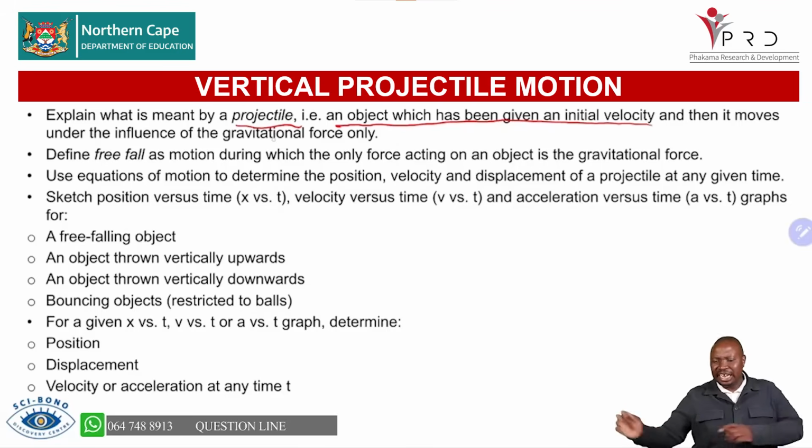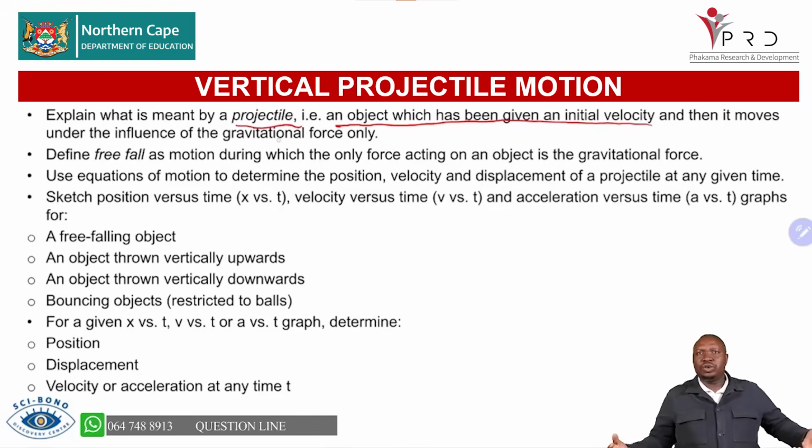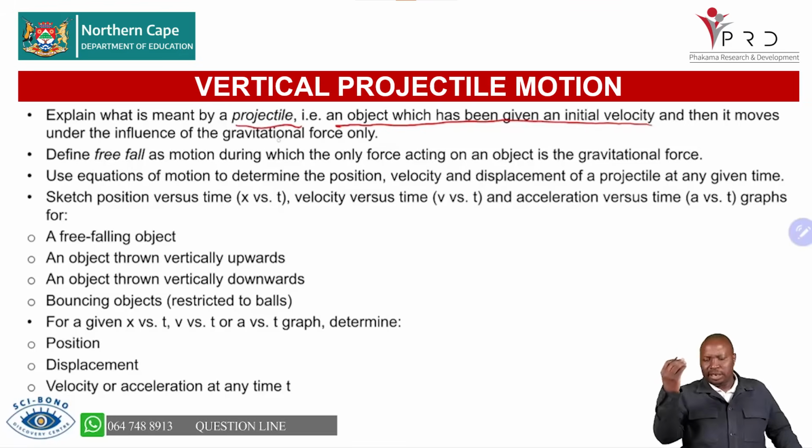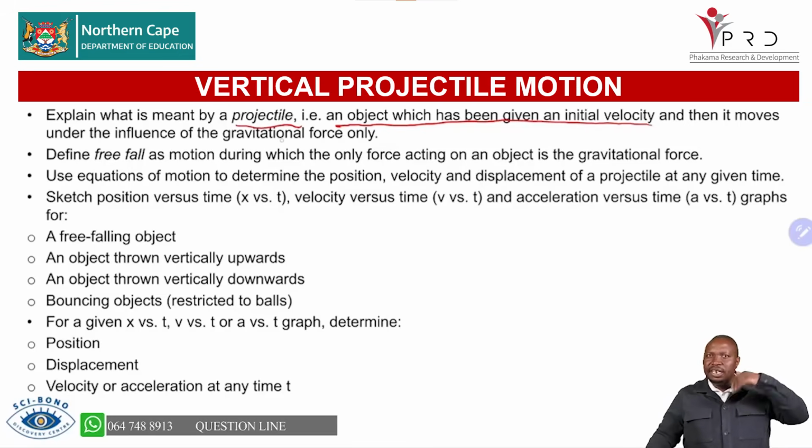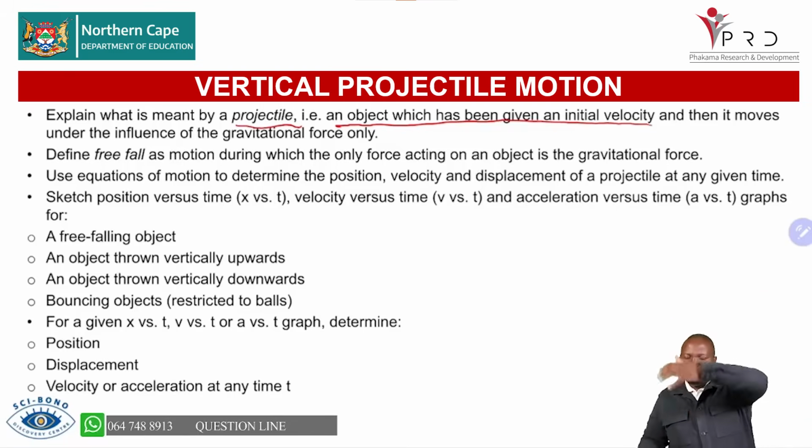So you can see that the second part, which is the motion under the influence of gravitational force only, is what we refer to as free fall. Which means your projectile, the moment it leaves the thrower's hand, now undergoes free fall.